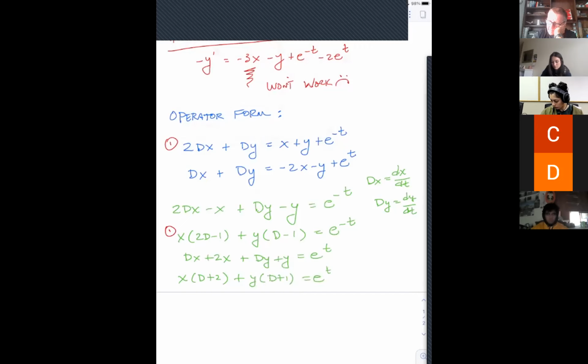And so now I have my second equation. This is what your book would call operator form. I've got this thing in operator form now. That's kind of cool.